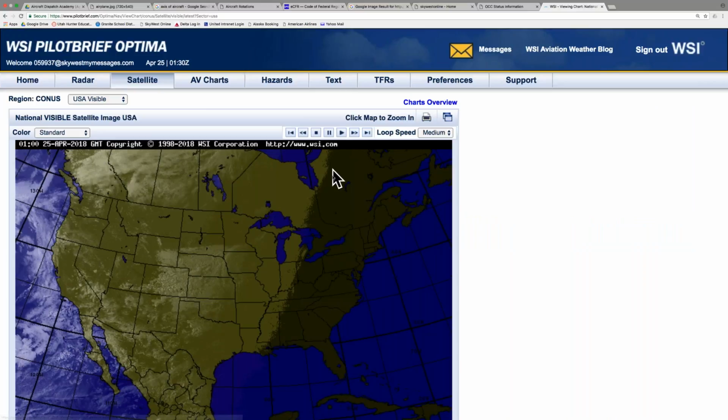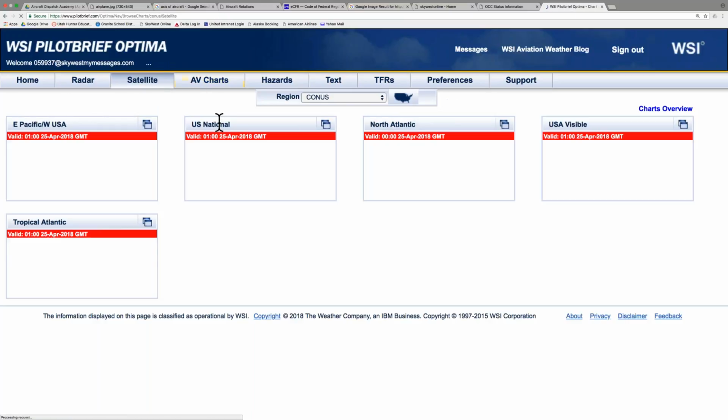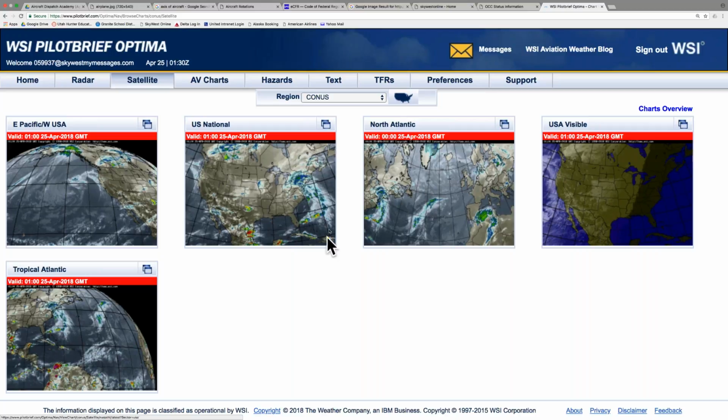As you can see, this is the nighttime, the day-night shading. You won't see any visible clouds in this area because it's too dark, but where there's still sun up, you can see the actual clouds that the satellite can see. Kind of interesting stuff.